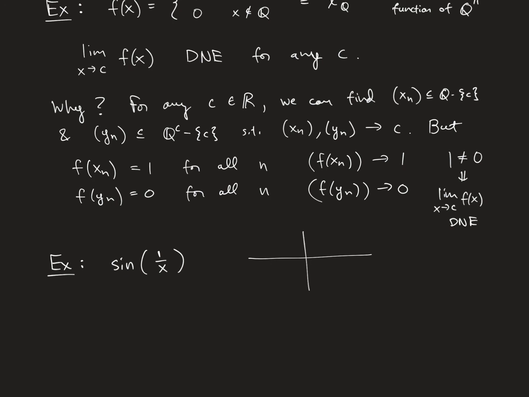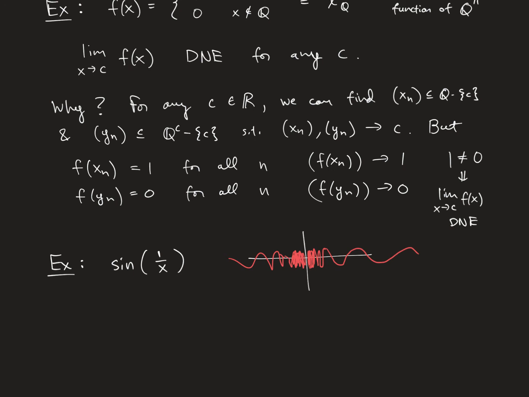So things aren't so bad out here, it's getting stretched out, but then it's severely compressed in here, and you just get this total mess. And so you get some function that looks like that.